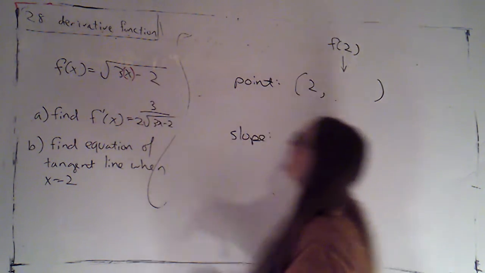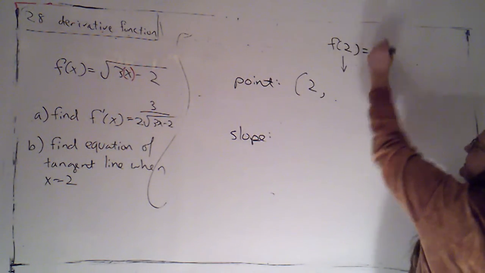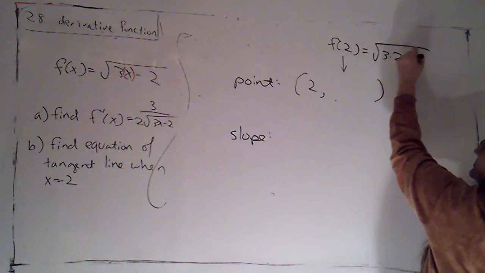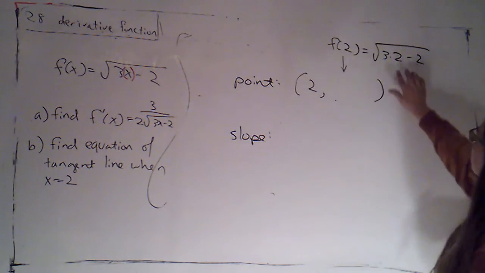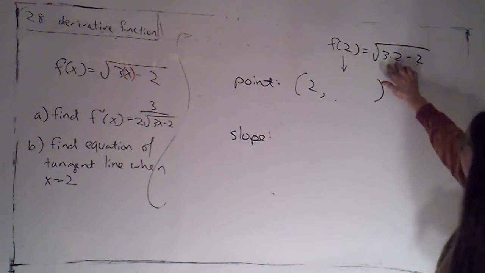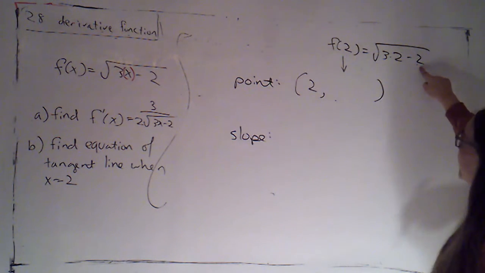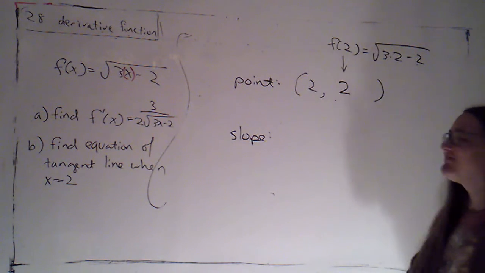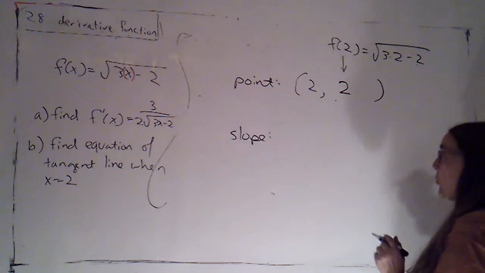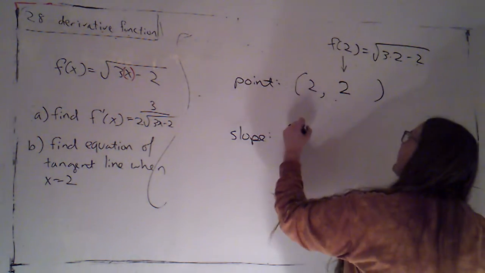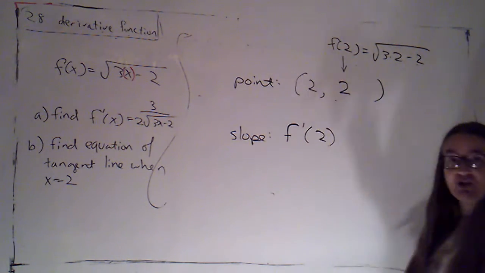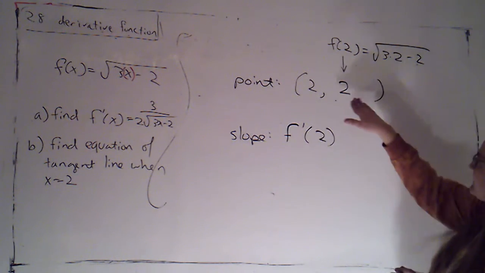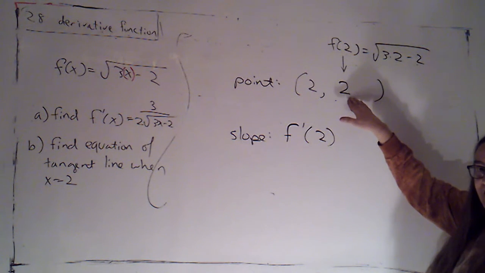So if I plug in 2 here, I'm getting the square root of 3 times 2 minus 2. 3 times 2 is 6, minus 2 is 4, square root of 4 is just 2. For the slope, that's f prime at 2. So I plug into f to get the y value of the point of tangency.